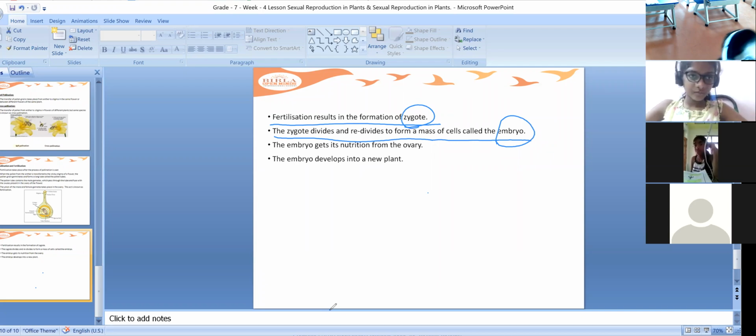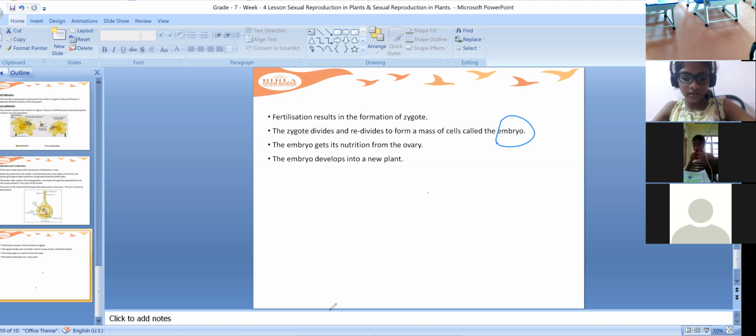Remember these terms. Fertilization results in the formation of a zygote. Fertilization of which cells? Union of male and female gametes.